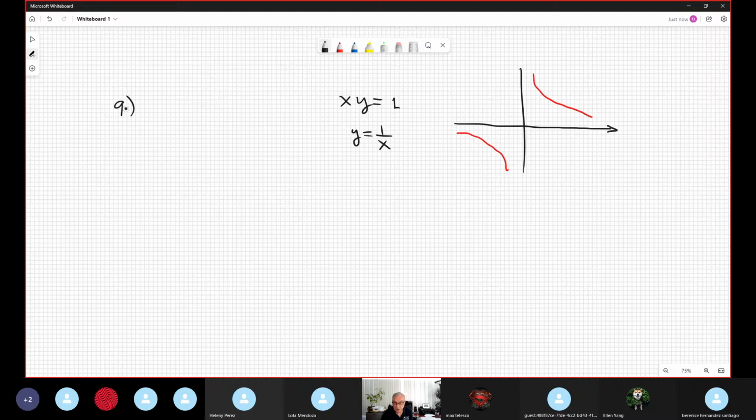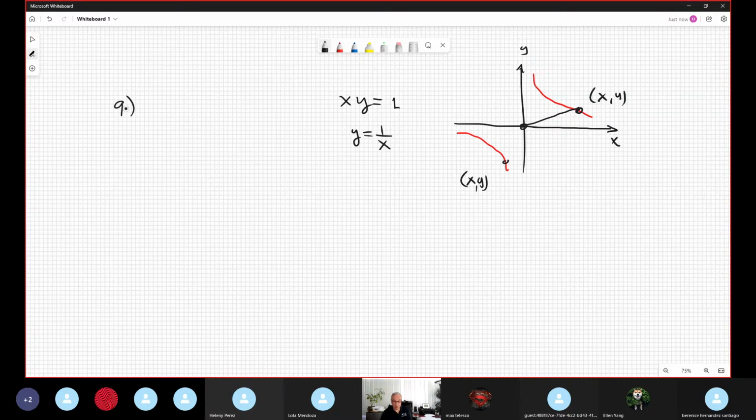We need to investigate what is the point on this branch or this branch. It doesn't matter. It's close to the origin. So I need to minimize that distance because close is minimum distance. Okay?